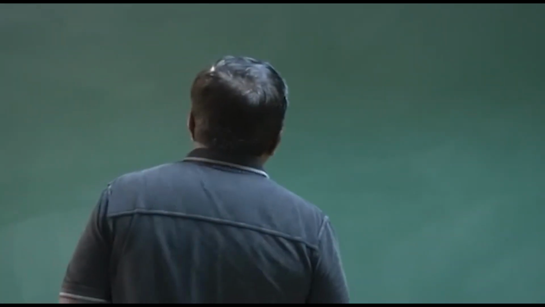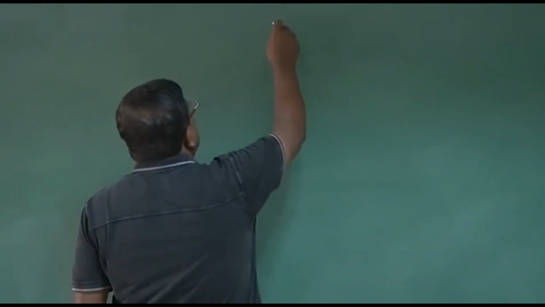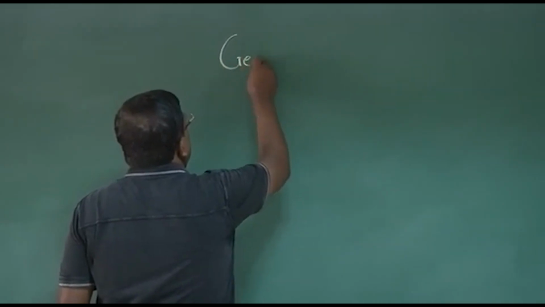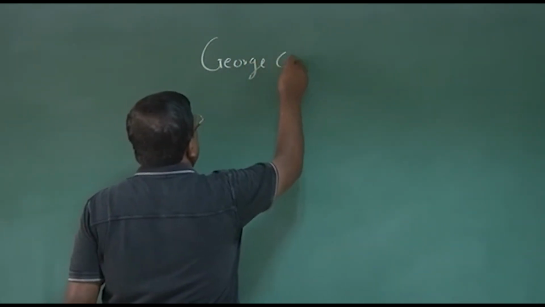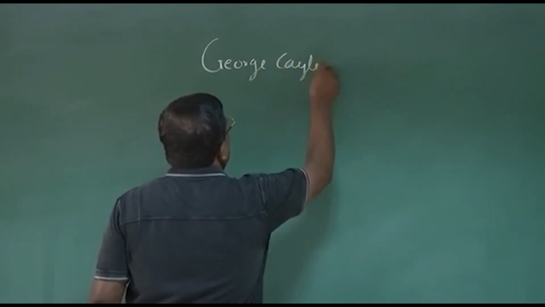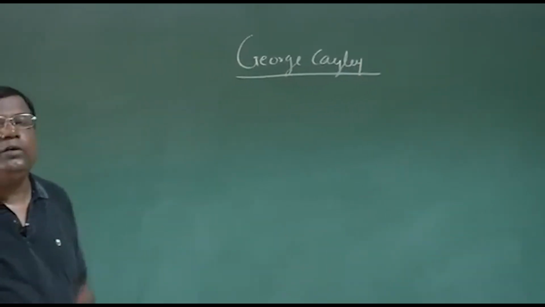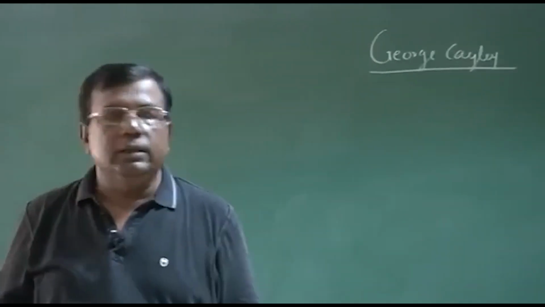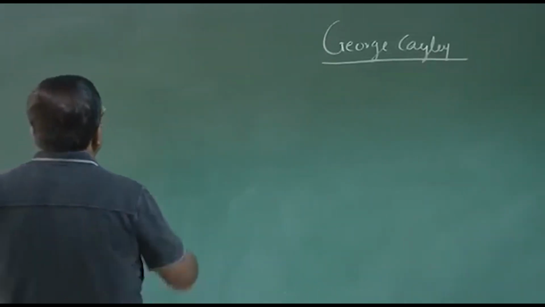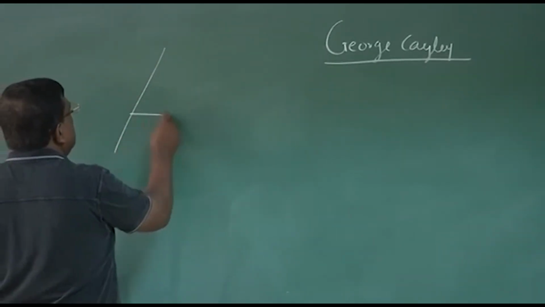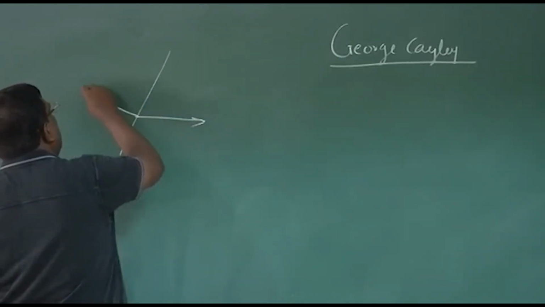Let us again go back to George Cayley. Why are we again and again going to George Cayley? Try to understand that. Remember, this was the contribution of George Cayley, that there will be a reaction.